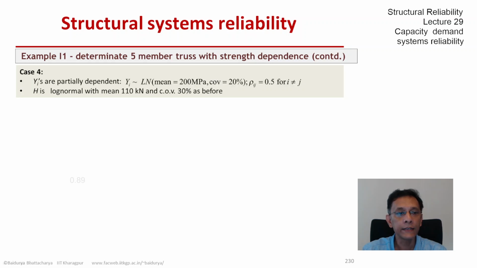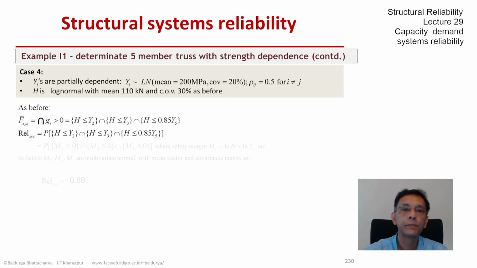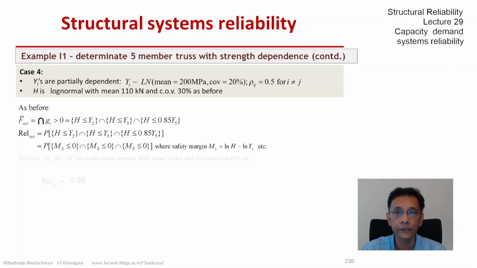In the fourth case, we allow some dependence in the member strengths, to be specific, a rho of 0.5 between each pair. So we proceed as before. We have three safety margins: M2 less than or equal to 0, M3 less than or equal to 0, and M5 less than or equal to 0, and we want to look at the intersection of those three events.